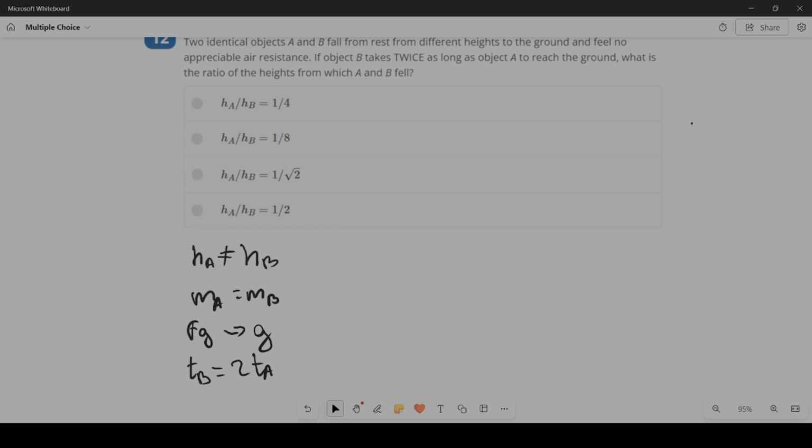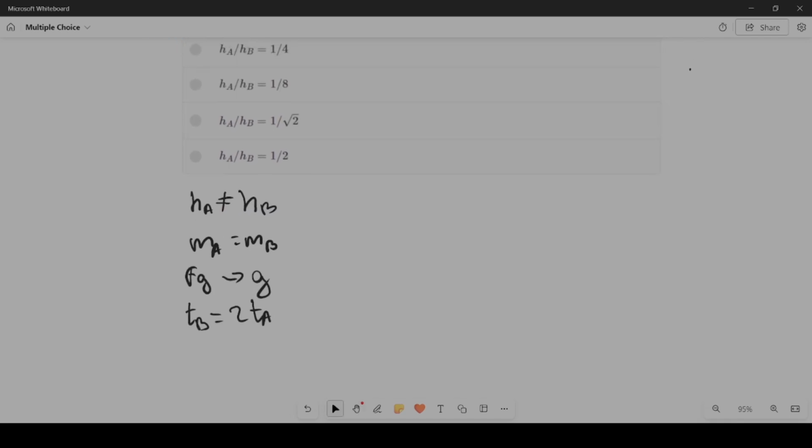Now with these assumptions, we can create an equation for the height. Oh, and by the way, I forgot to add something. They both reach the ground, so the final height, which I'm going to call H0, is the same. And so with this, we can create an equation that gives us height as a function of time, because we have all the necessary variables.